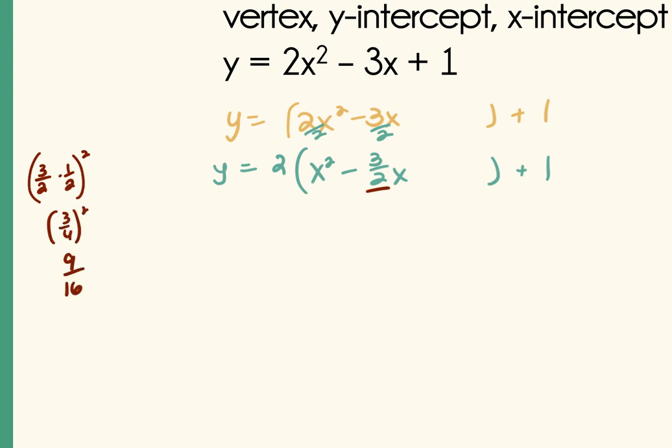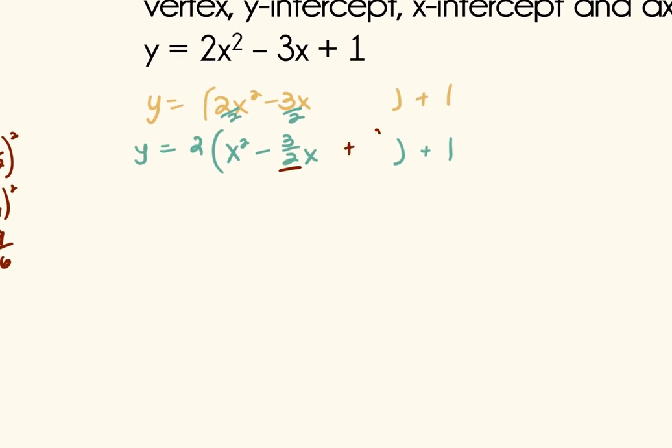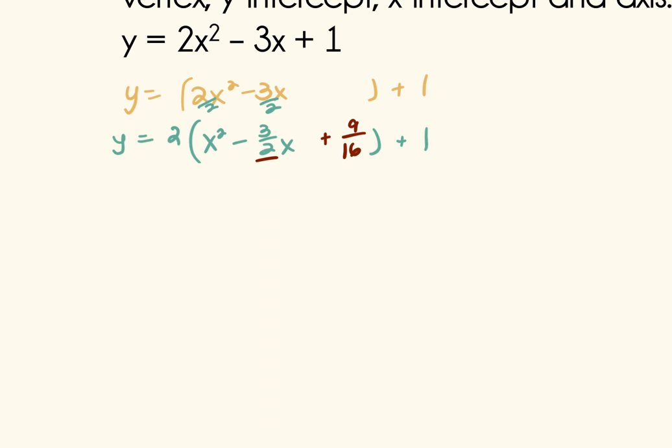Square it, it's 9/16. And that's what you're going to add inside the parentheses. And to balance it, you would normally subtract it from outside the parentheses. But you have to multiply it by the 2 first. So if there's something you took out, you have to multiply it by that value before you combine it with the last one. Which means I am now subtracting 9/8.